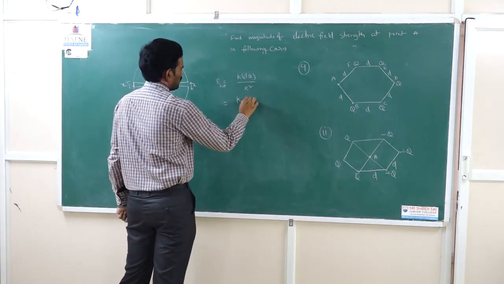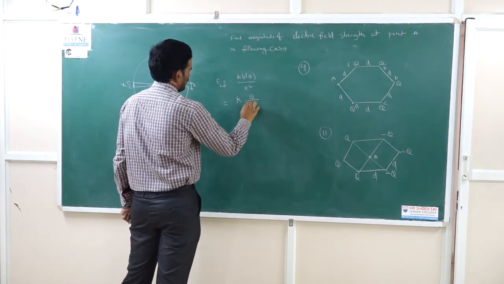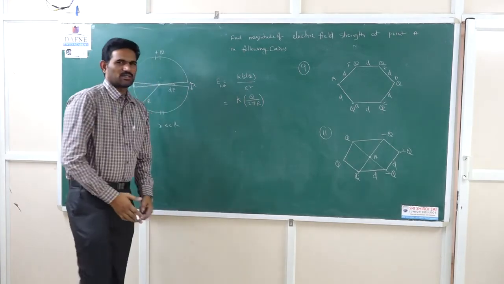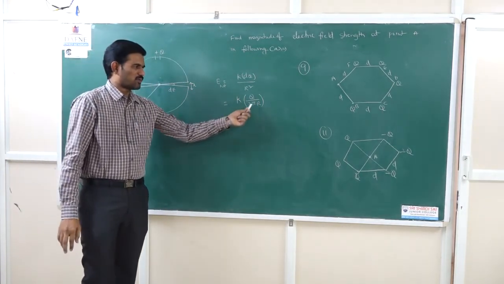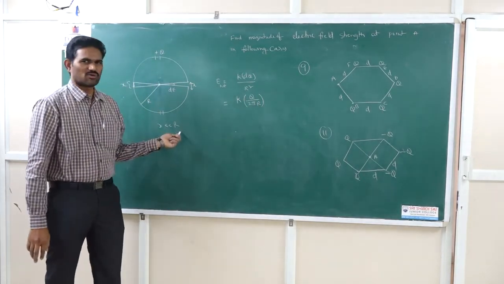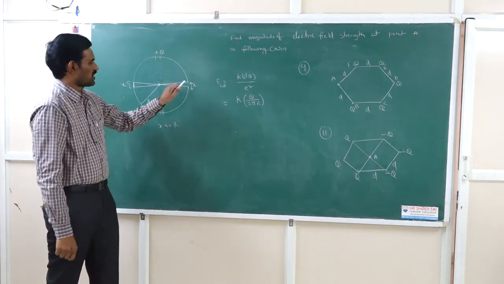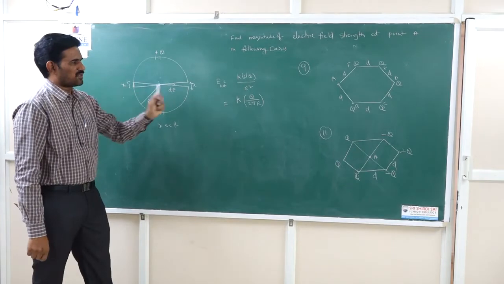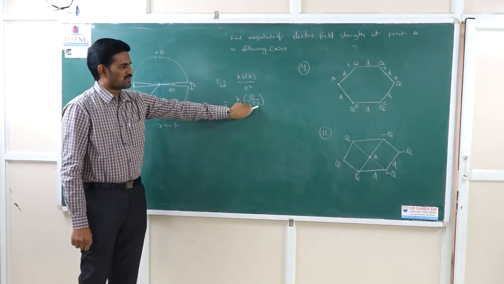Now this q value I can write as q by 2 pi r, because x is very small here. When x is very small, you can almost assume that the total charge is distributed on the entire ring, so that length I am taking as 2 pi r.